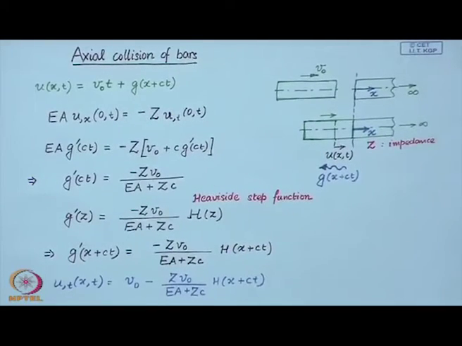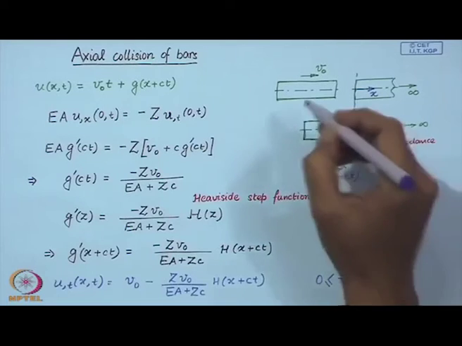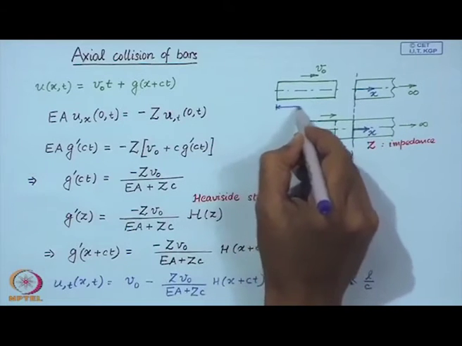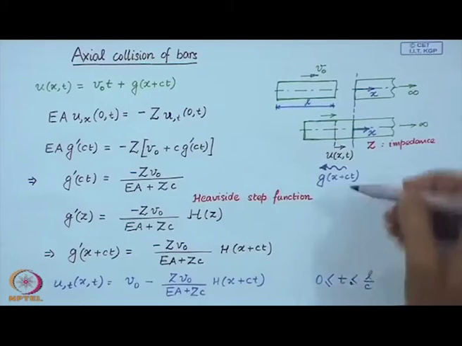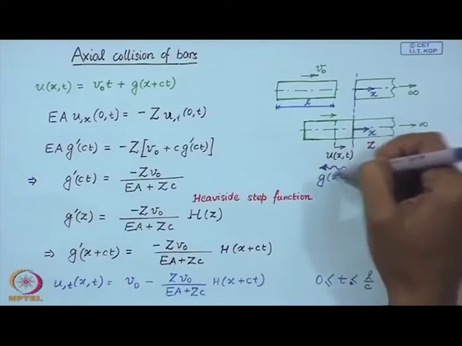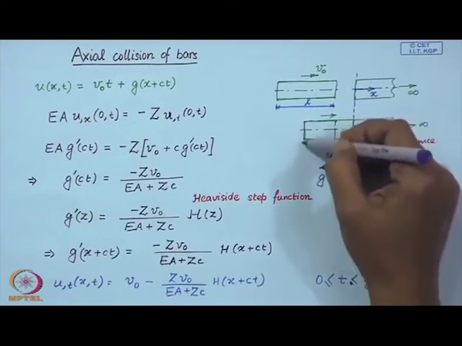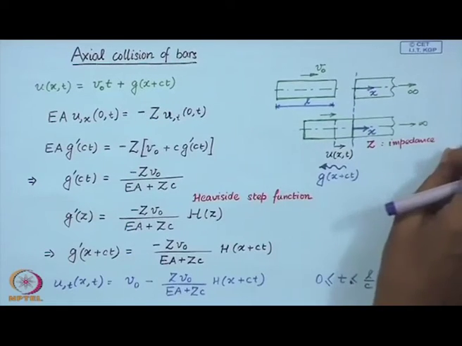Now, this solution is valid till the time L over C, where L is the length of this bar. L over C is the time taken by this negative travelling wave to reach the free end of the finite bar.